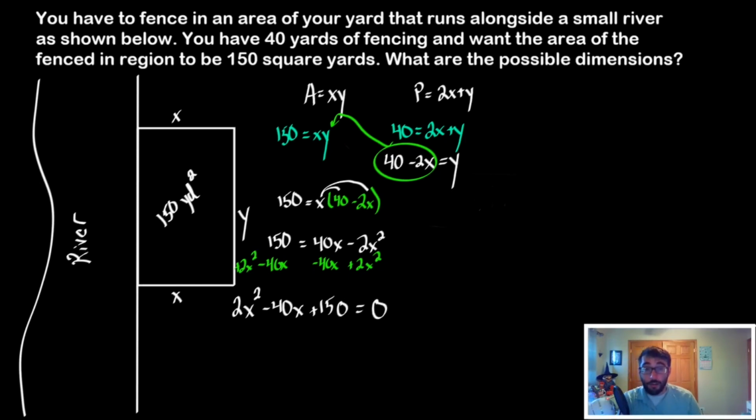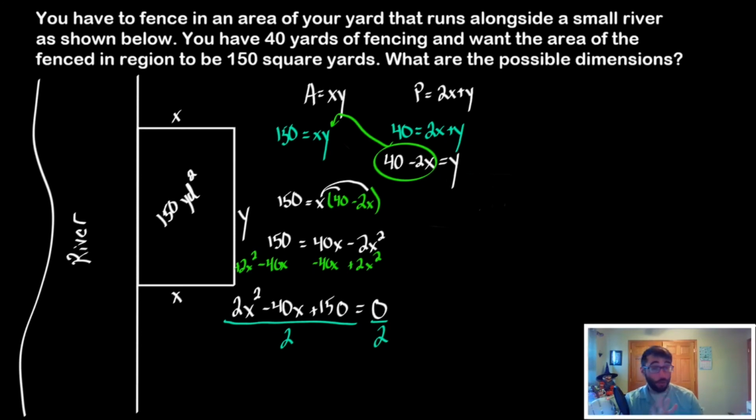And now we can go ahead and factor. In this particular problem, there is a greatest common factor that's going to make our lives a lot easier. It's 2. Now, if the greatest common factor had a variable in it, I would not do this. But since it's just the number 2, I can divide each side by the greatest common factor.